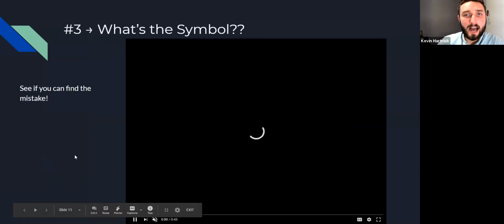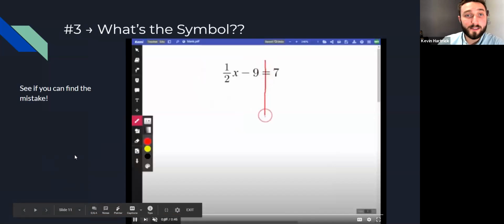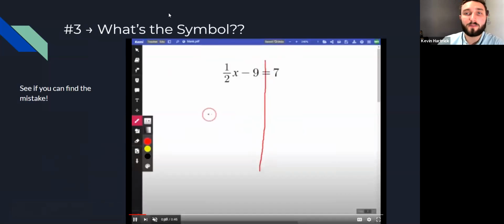All right, here's common mistake number 3. It's called what's the symbol? Let's take a look at this, see if you can find the mistake in this work.